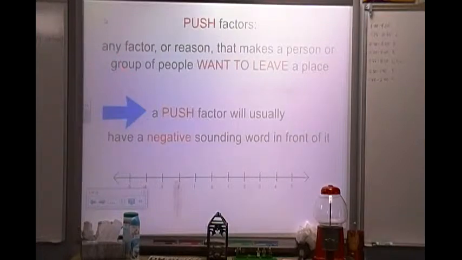Here it goes again. There's that synonym. Any factor or reason that makes a person or group want to leave or have to leave. Something's really not good there. It's a push factor.